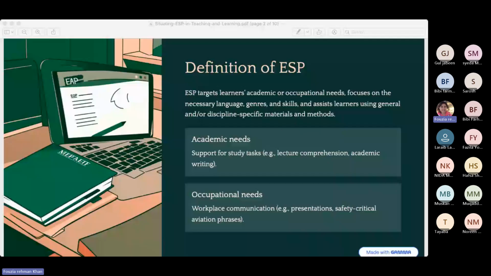Okay, let me see. I would ask Hafsa. Yes, Hafsa. Hafsa, you can unmute. Can you unmute yourself? Hafsa Shabbir. Yes, Hafsa. Quickly, guys.